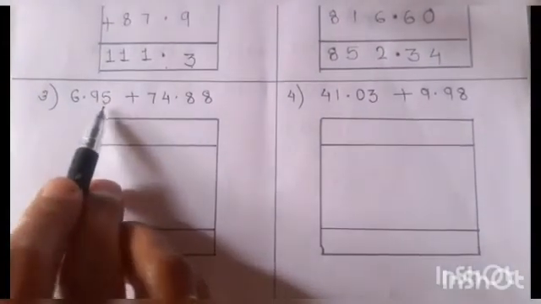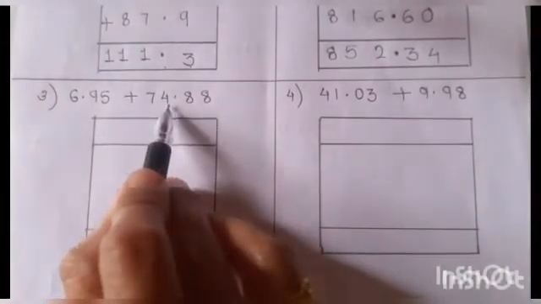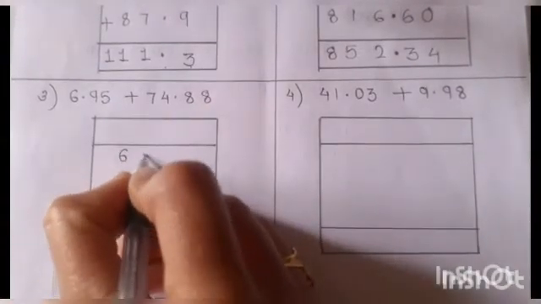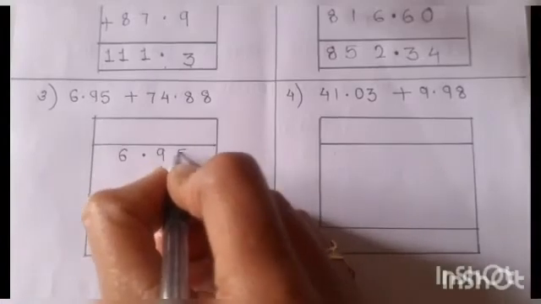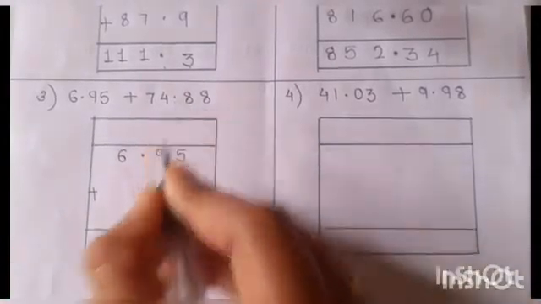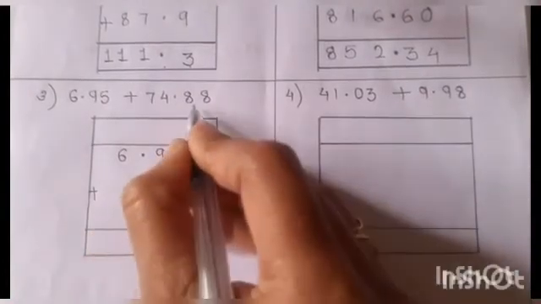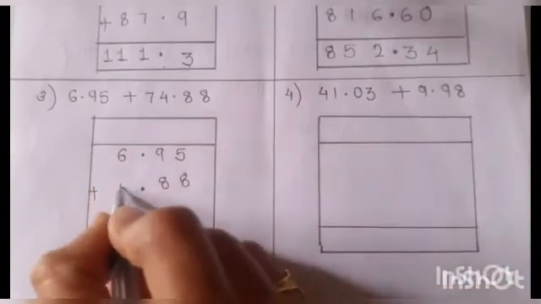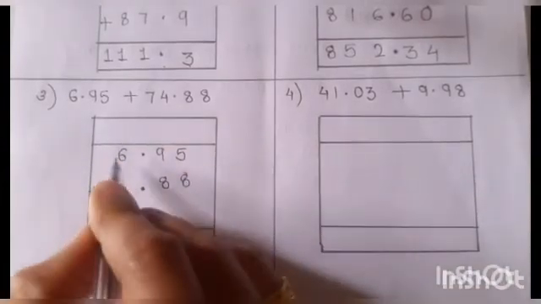Now third is 6.95 plus 74.88. 6.95 plus, point under point, you will write 74.88.